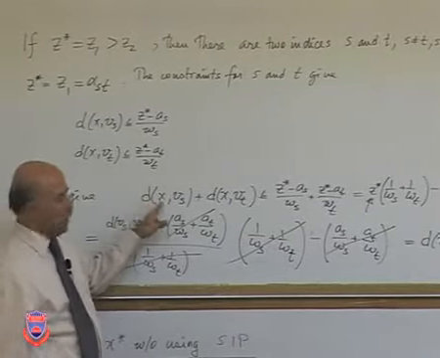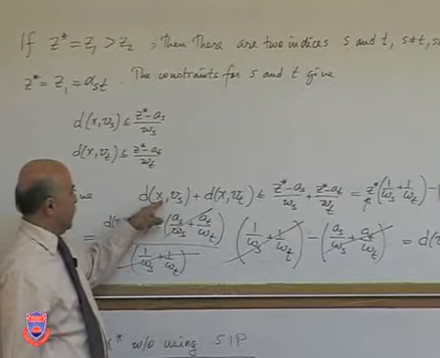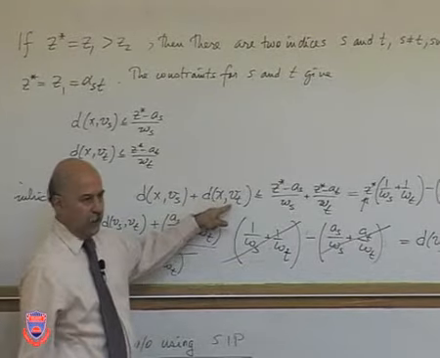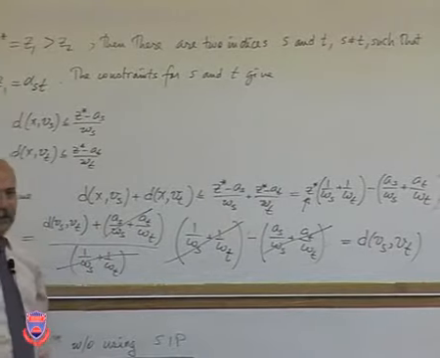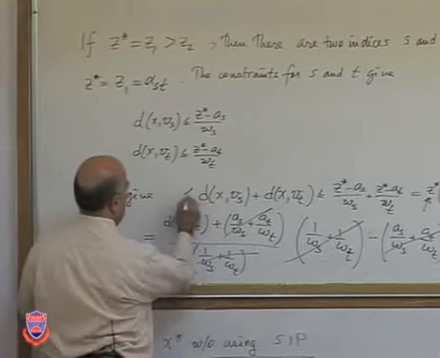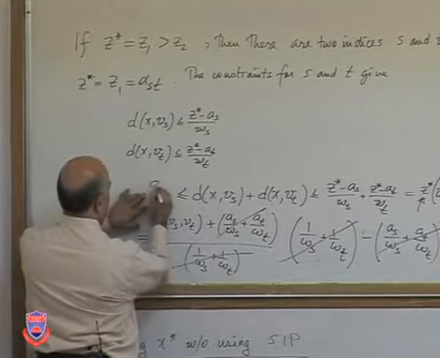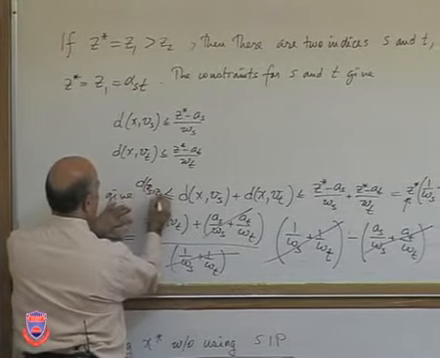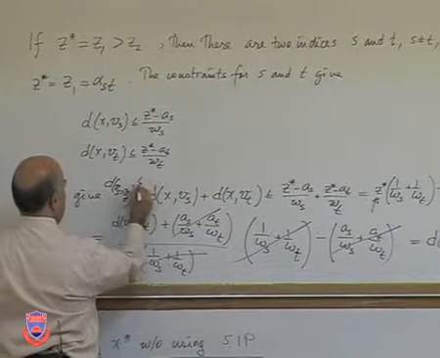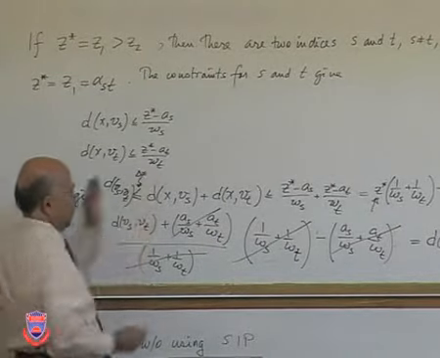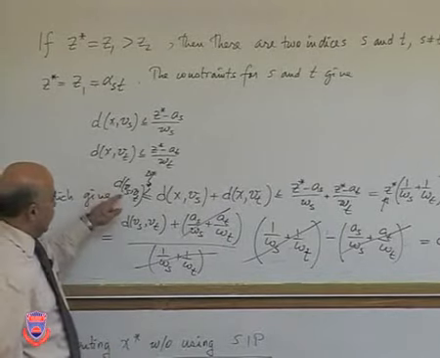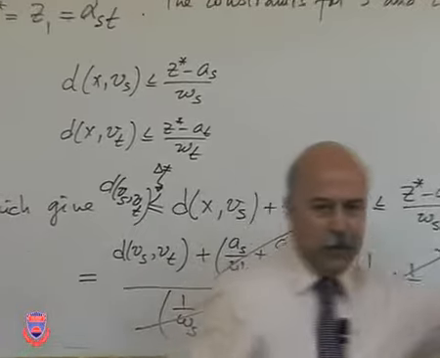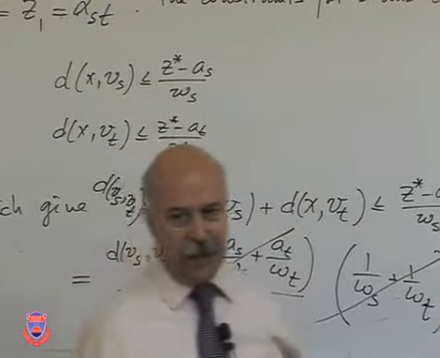So the sum of the distances x to Vs plus x to Vt is less or equal direct distance between S and T. But we know that by triangle inequality, this is actually less or equal this distance. This portion is by triangle inequality. The rest is simply using the definitions of all these things. So obviously, the lower and the upper bound being equal means everything is sandwiched. Again, equality.